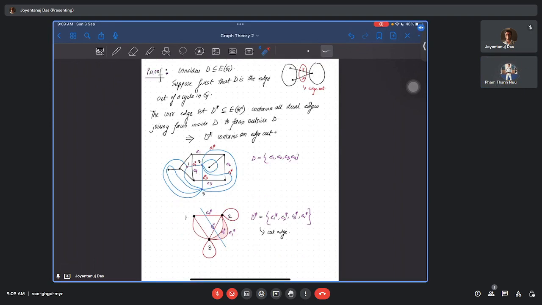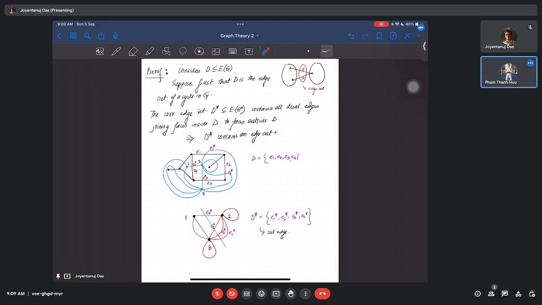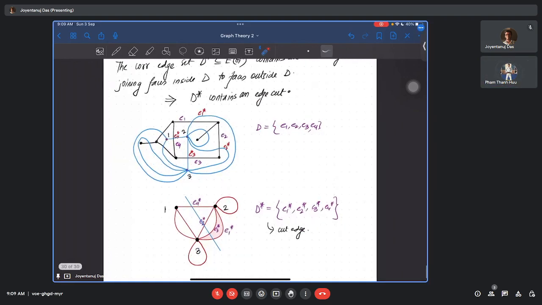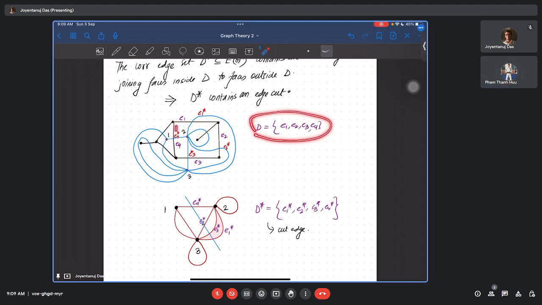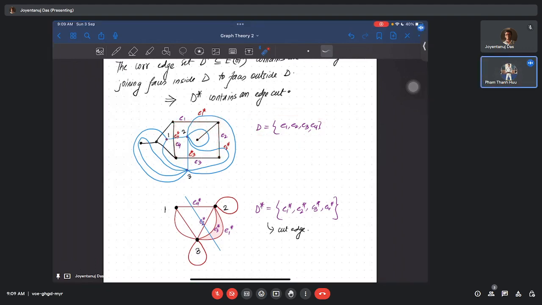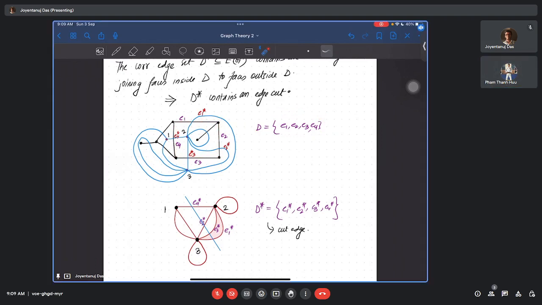I have only shown that it contains a cut. Here you can see the boundary is actually not length 4; the length is 6 because this edge also comes in. But I have not taken this edge into consideration, I have taken only the edges on the cycle. So that is why it will give the minimum.